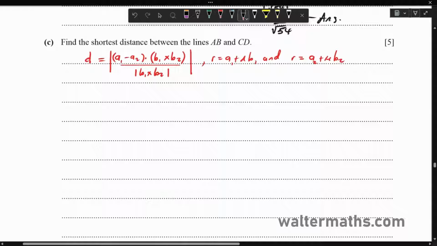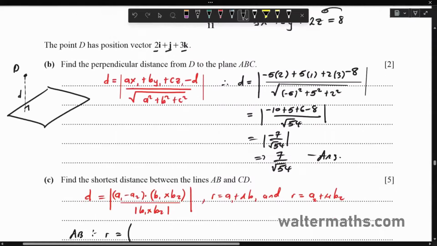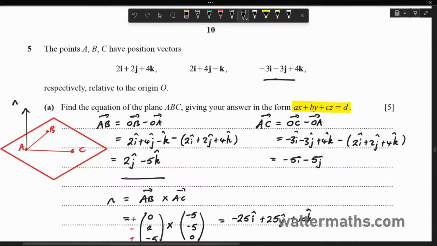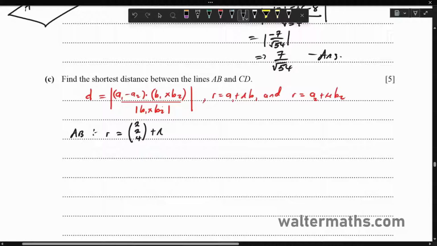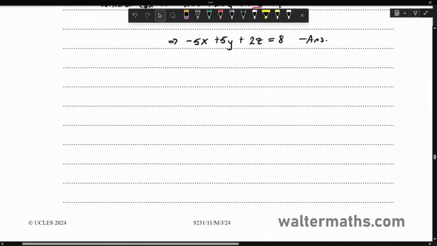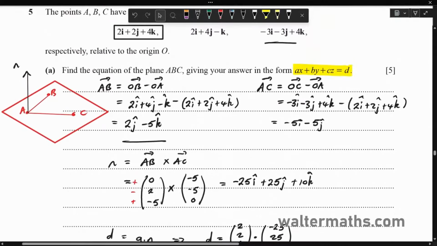Now in this case we have two lines. We have the line AB, and for the vector line AB, the equation is r equal to a point on AB. We can take the point A, which is the point (2, 2, 4). So we have (2, 2, 4) here, plus lambda of the direction of AB. Now the direction AB, we got it to be here.